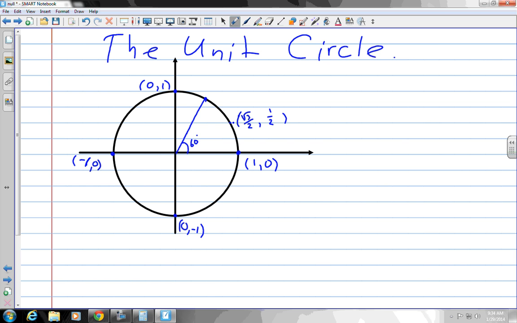I'm going to drop a height down 90 degrees. And then I'm going to use the same triangle. So basically it's going to be flipped now. The x value would be 1/2, with the same logic as before, while the y value will be square root of 3 over 2. Is that okay?